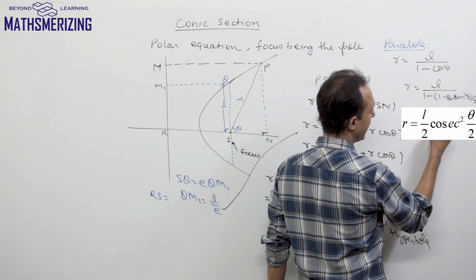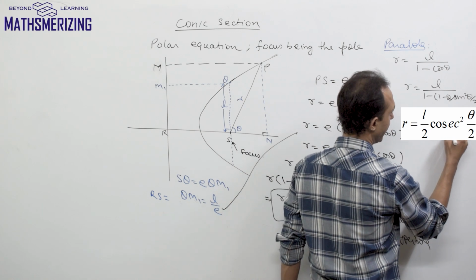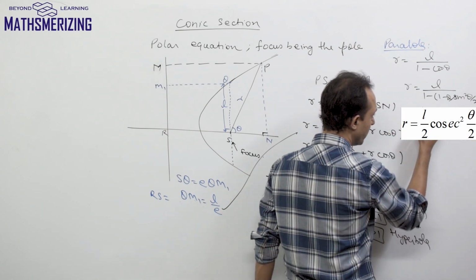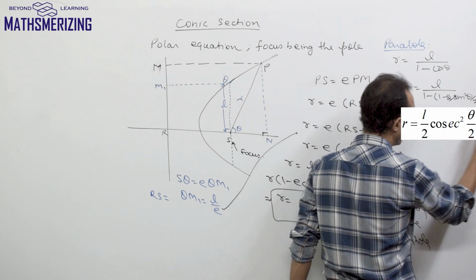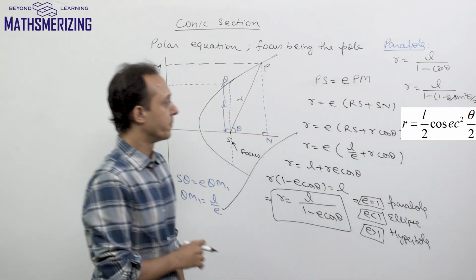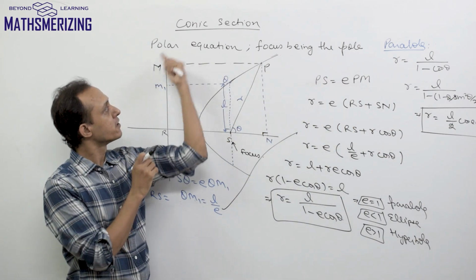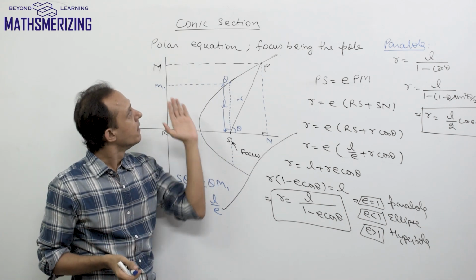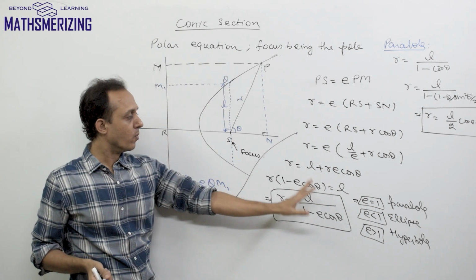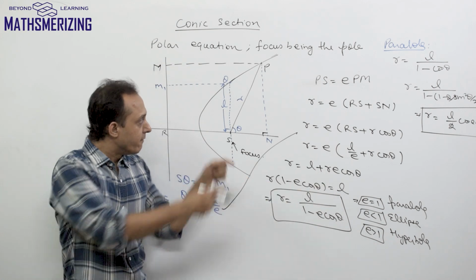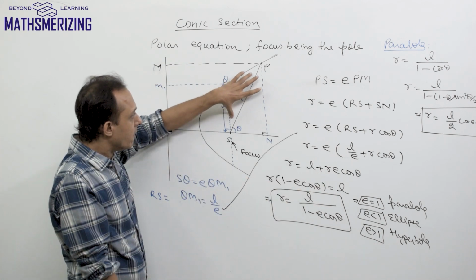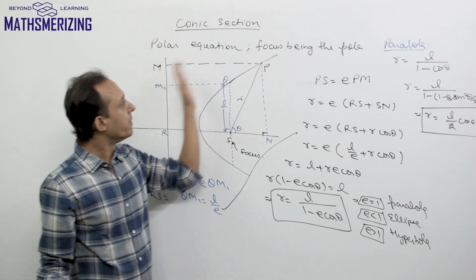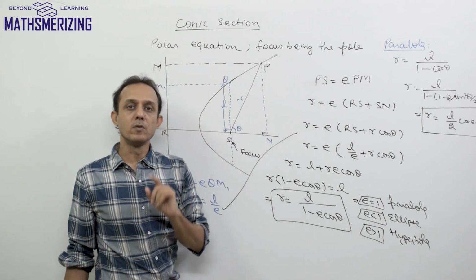So we can write it as R equals L by 2 cosec square theta by 2. So that is the equation of parabola in polar form. So we can write equation of conic sections in rectangular form, and we can also write polar equations of conic sections. Now when we'll be dealing with problems related to focal chord and their focal distances, in that case I'll be using polar equation of conic sections.